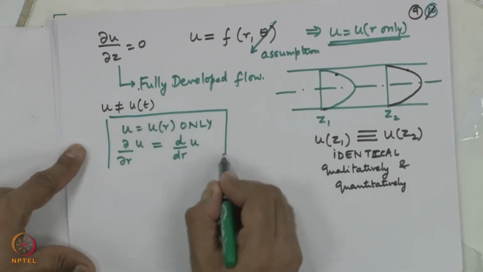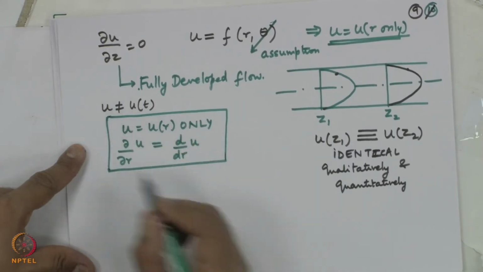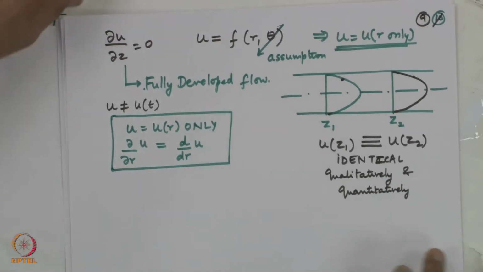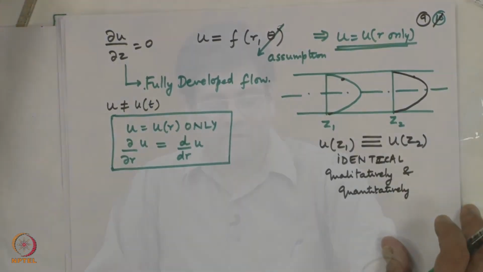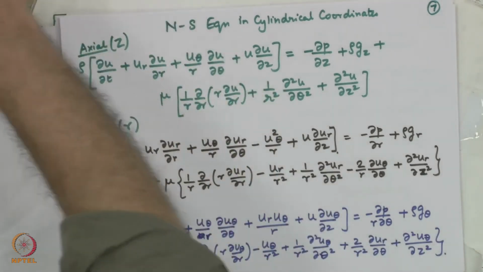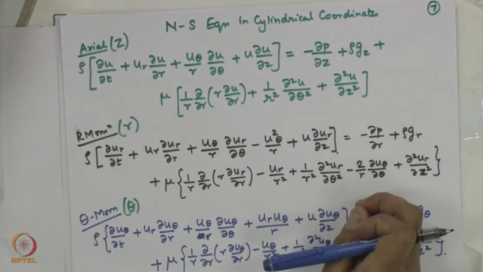Variation of the axial component of velocity in the radial direction is no longer a partial derivative, but a regular derivative. Now, we go to the Navier-Stokes equation, which I have already written so that we save some time, and we are going to strike off terms based on assumptions so that we get a simplified form of the Navier-Stokes equation. So, let us look at the axial momentum equation first.